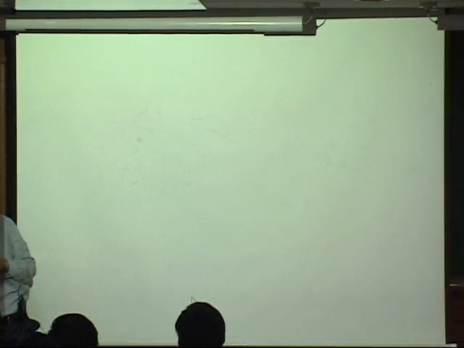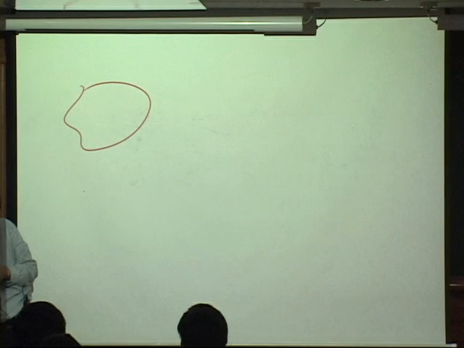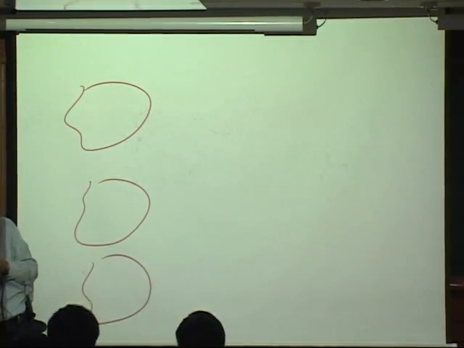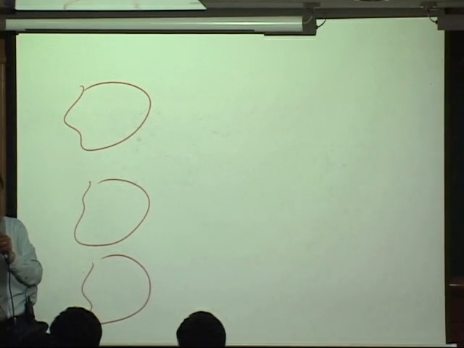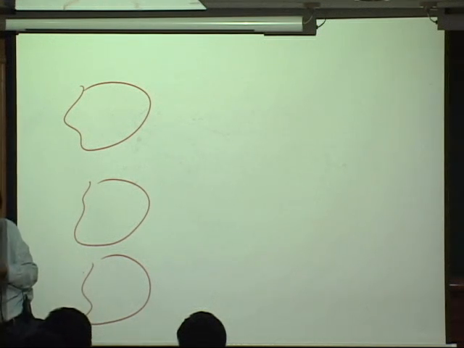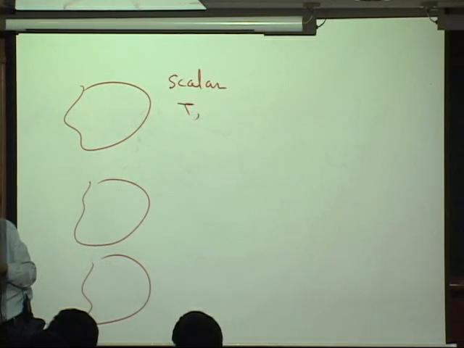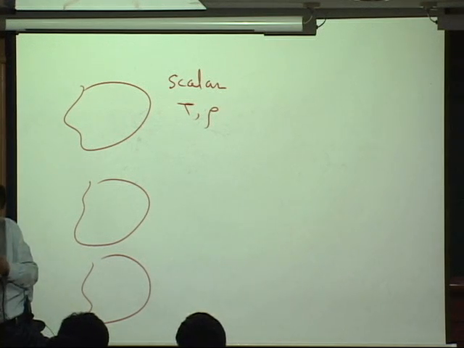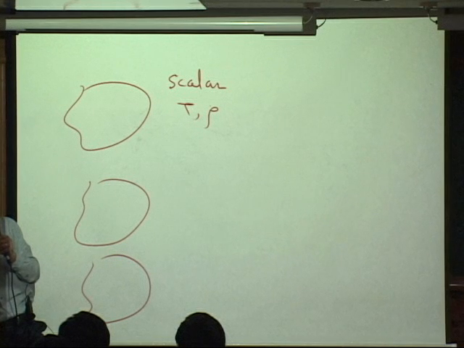Let's say we have the same body like that, and I'm trying to explain different physical quantities with different notation. One is the scalar, like temperature, density, and these are called scalars, and we only need one value.